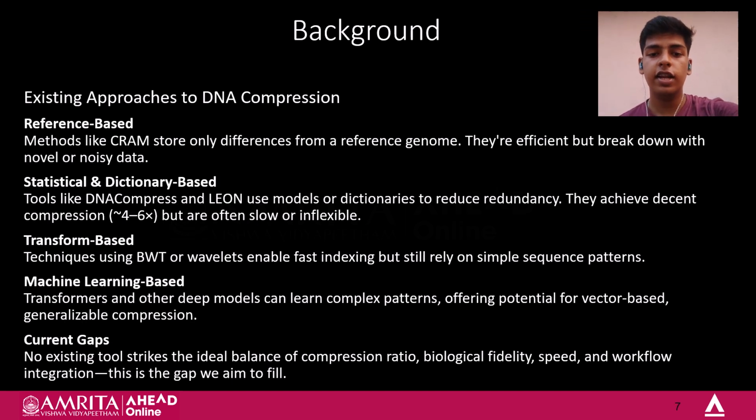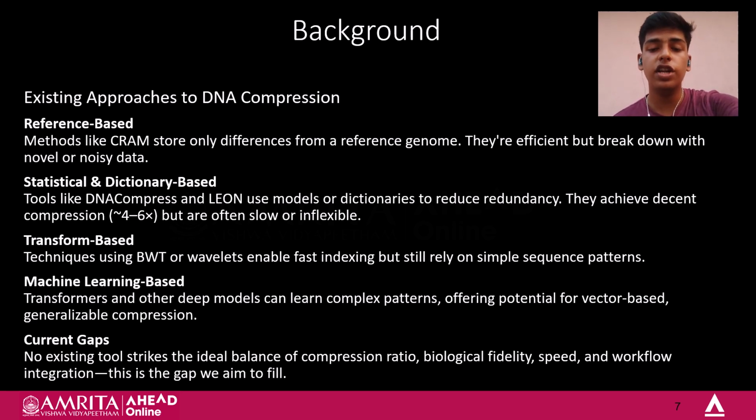Now let's take a look at the existing approaches. Reference-based approaches like CRAM store only differences from a known reference genome. These work well when the reference is close, but they struggle with novel or noisy data. Statistical and dictionary-based tools such as DNA Compress and Leon reduce redundancy by modeling sequence patterns or using dictionaries.